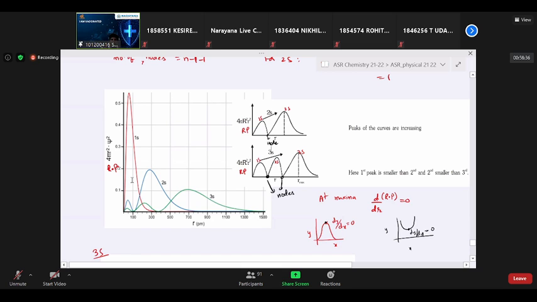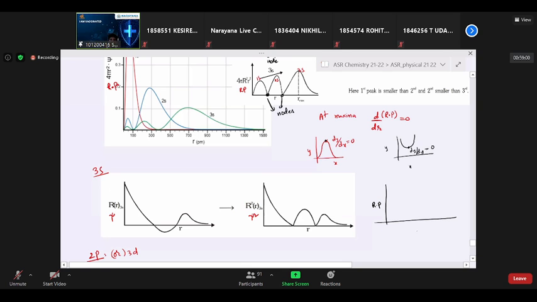So radial probability versus distance. This is the first part, second part, and third part for 3s. Psi versus radius, psi square versus radius, and radial probability versus radius.